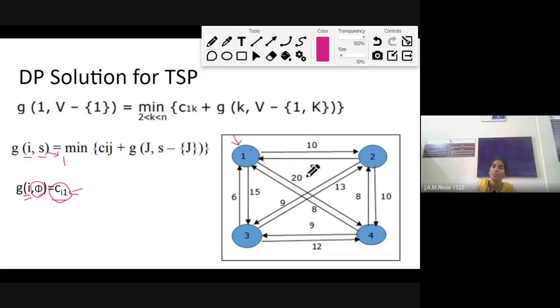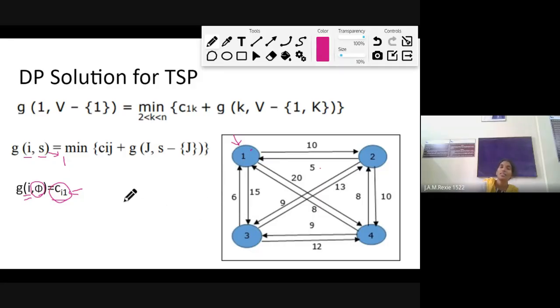Then by having intermediate, from 2 by having 4, what is the cost? From 2 by having 3, what is the cost? From 4 by having 2, by having 3. That we have to find by having one intermediate, then by having two intermediate, then by having 3.